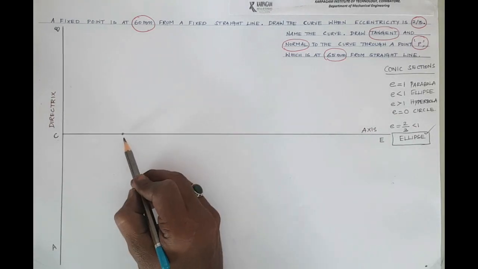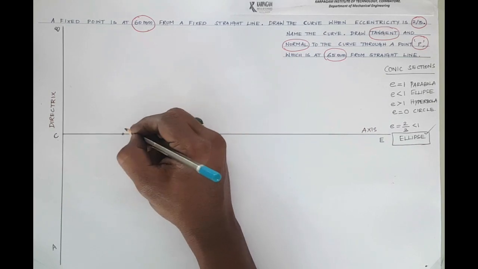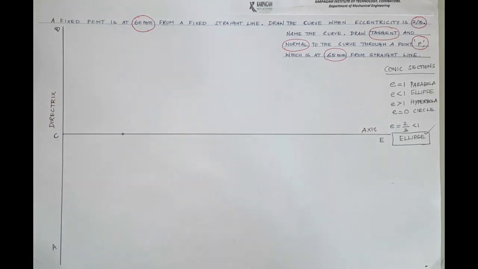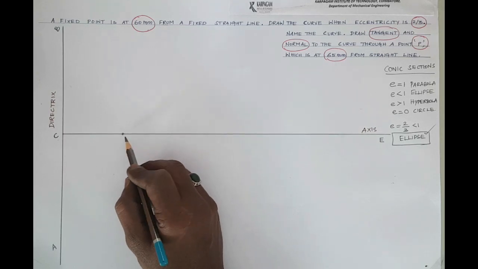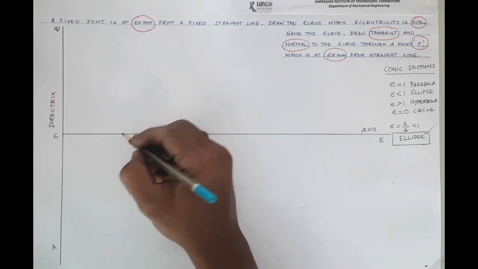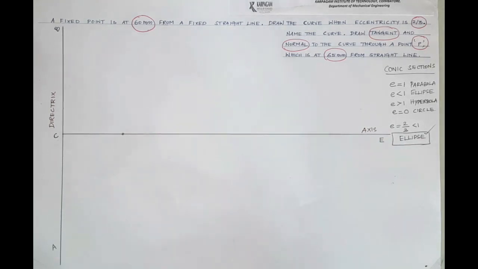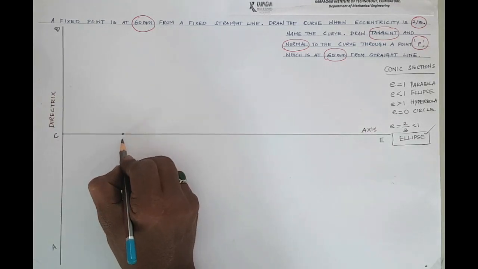Here I have marked a darker point, but it is not good. For visibility I have marked like this. A point should not be having any diameter or dimension. It should be marked like this. For video purpose I have marked the point like this.